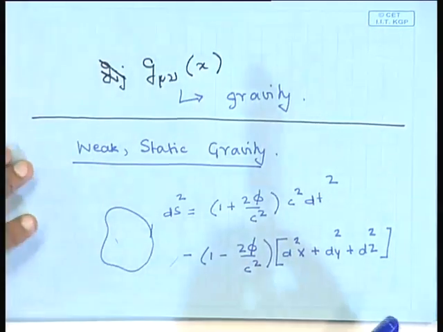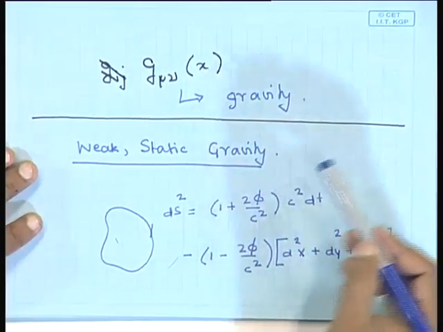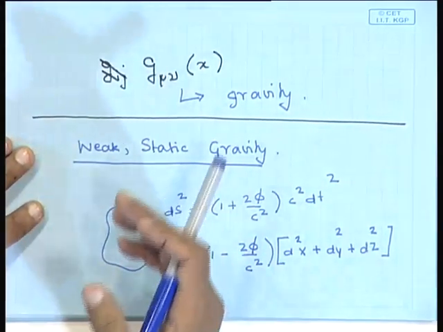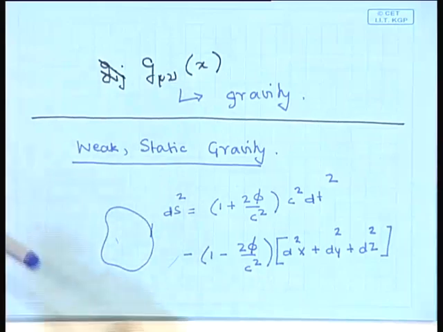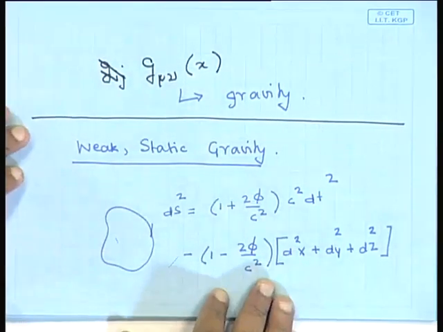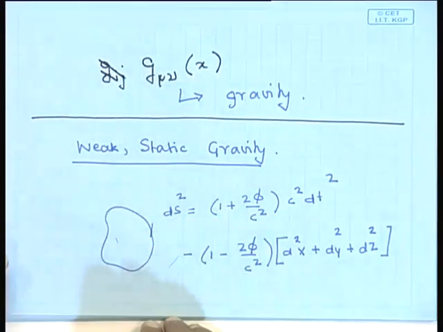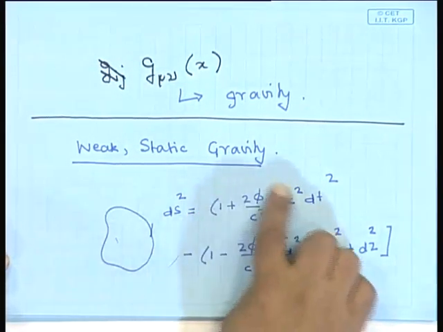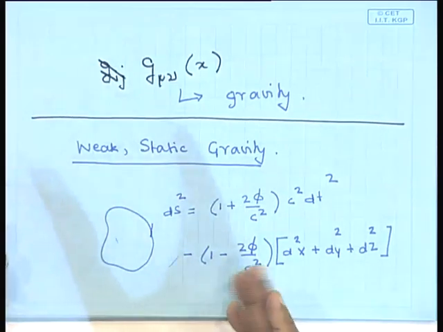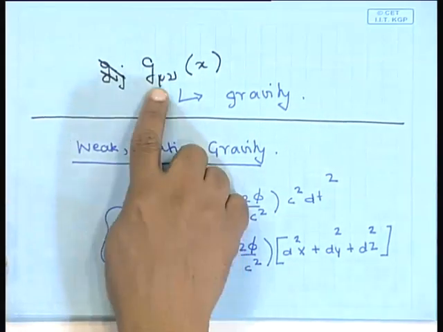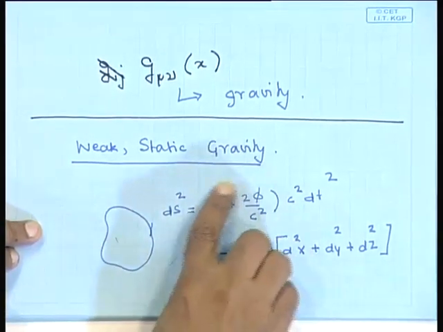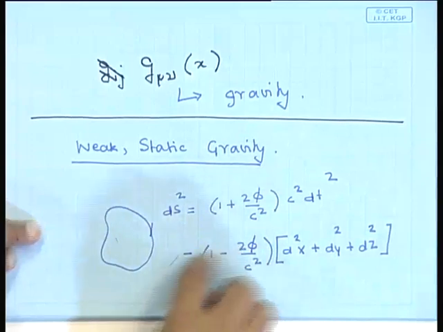In the Newtonian picture, we think of this phi as being the gravitational potential, whose gradient gives you the acceleration, minus grad phi gives you the gravitational acceleration. In Einstein's general relativity, the space-time is curved, it is no longer flat, and the metric gets changed. As we have seen, in a curved space, the metric is changed, and so also in a curved space-time. The gravitational potential is what is responsible for the changes in the metric.